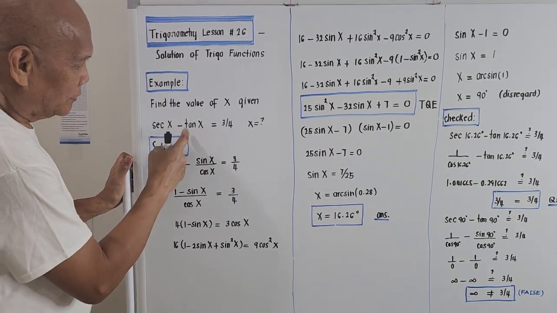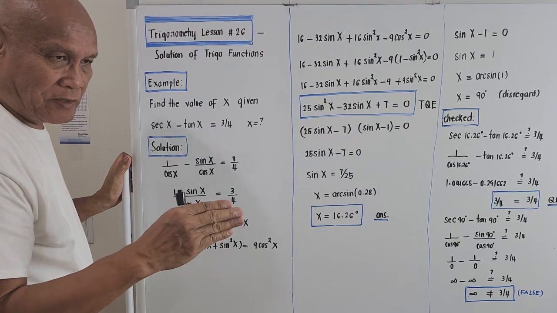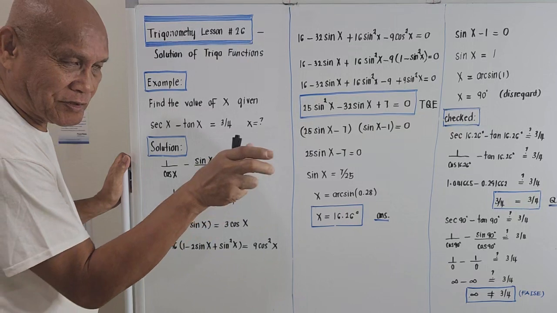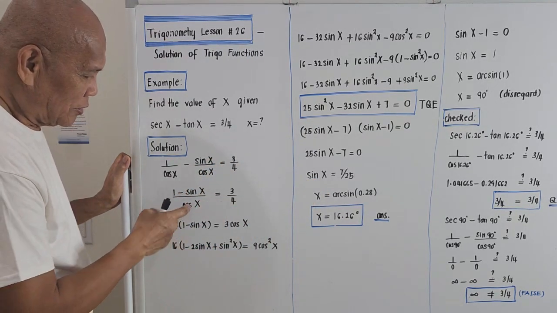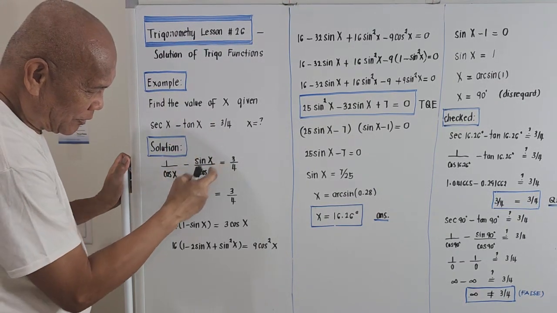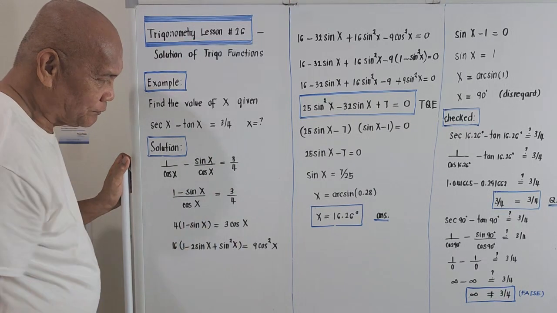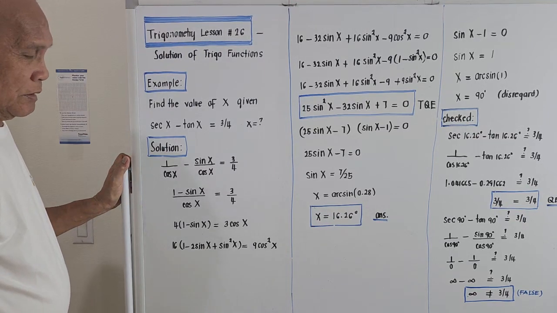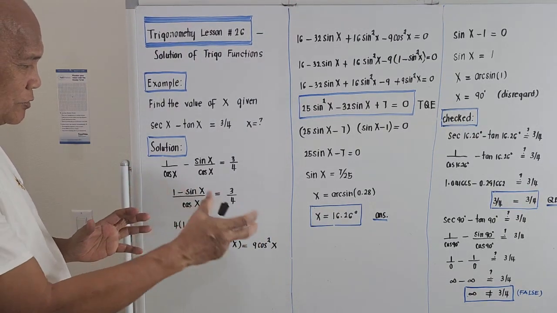And tangent of x, in terms of sine and cosine, by definition, tangent of any angle is actually the sine of that angle over the cosine of that angle. So this tangent of x can be written as sine of x over cosine of x, and this should be equal to 3/4. What is given now on the left hand side is in terms of sine and cosine.